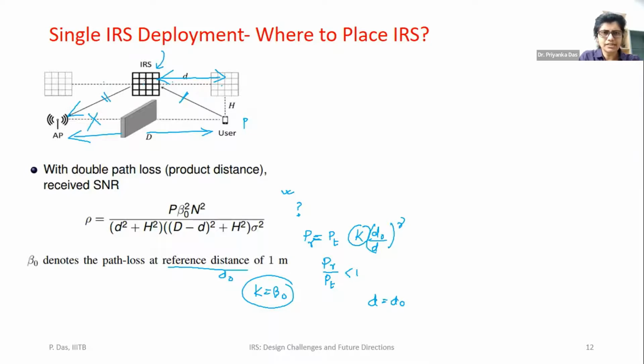So it will see one path, which is the distance from here to here, and what is the distance? d square plus H square. So you will see one factor coming up here. And what's the distance here? Capital D minus d, and this is my H. So you will see another distance coming up here. Hopefully we are going in the correct direction to understand this, and let's believe as of now, although this is not proven.